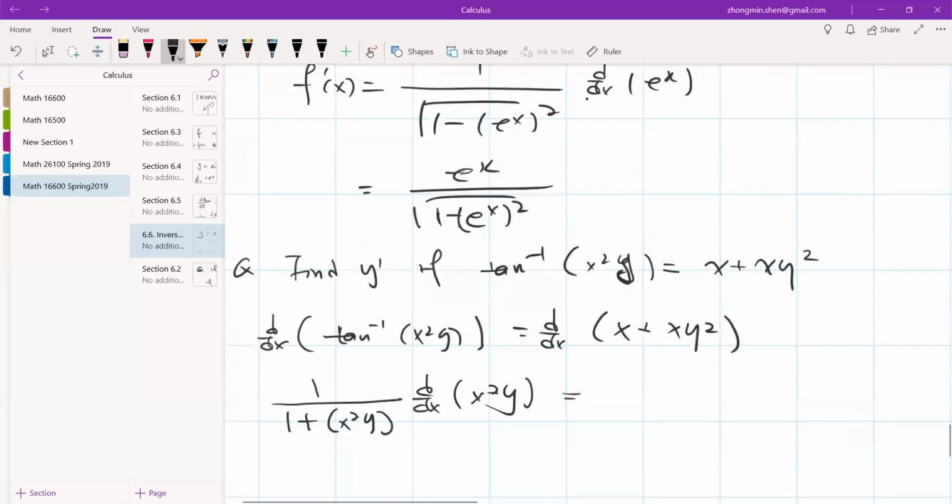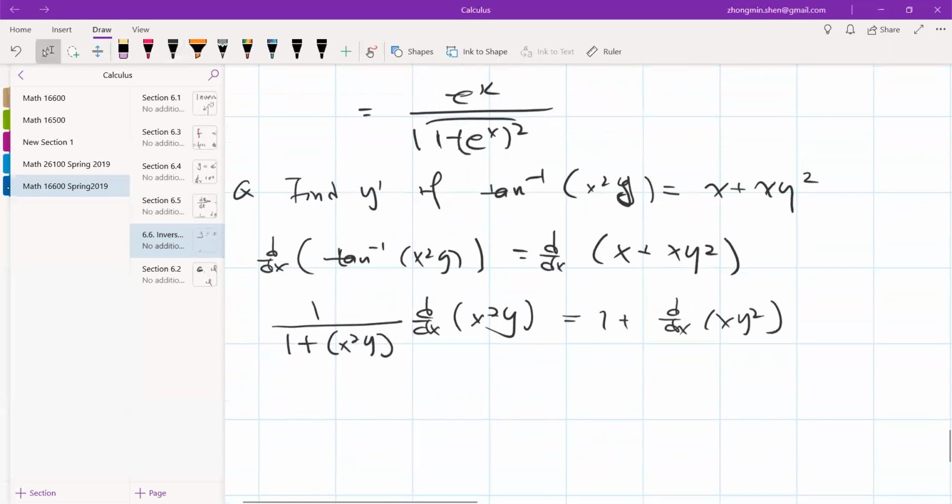And here, you have to differentiate the second part. Now, apply the product rule to this problem.